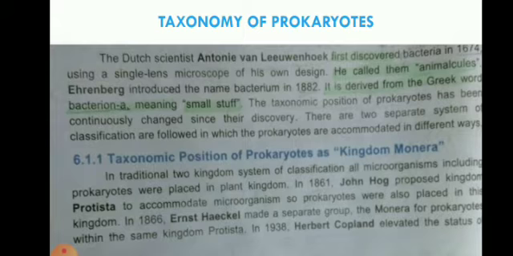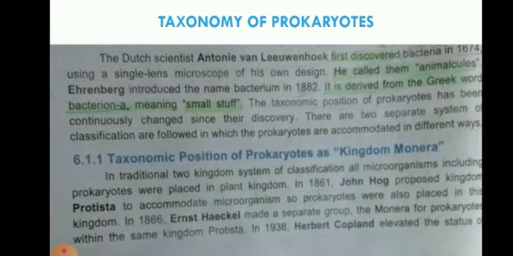In 1866, Ernst Haeckel proposed another group for those kinds of organisms which had a slight difference in their cells.